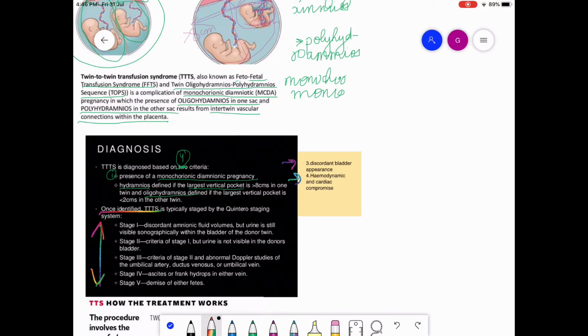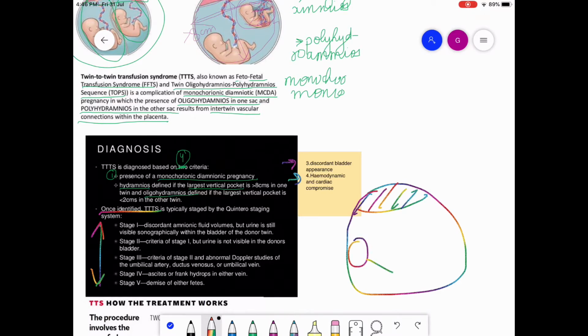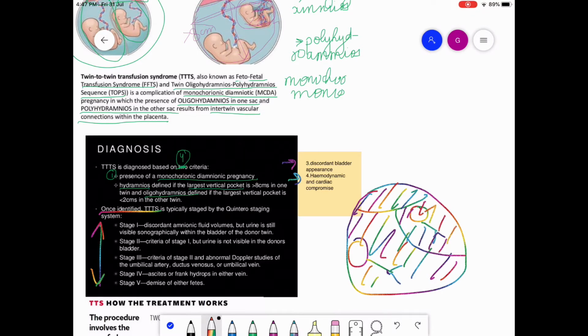So the smaller one is actually donating the fluid. For example, I have made this placenta, and this is the baby with a greater amount of fluid, and this is the baby with a lesser amount of fluid.